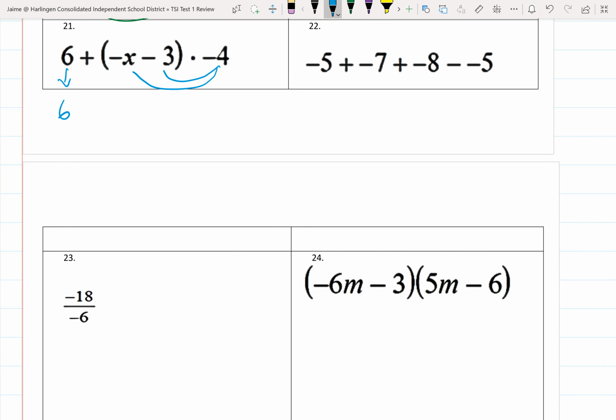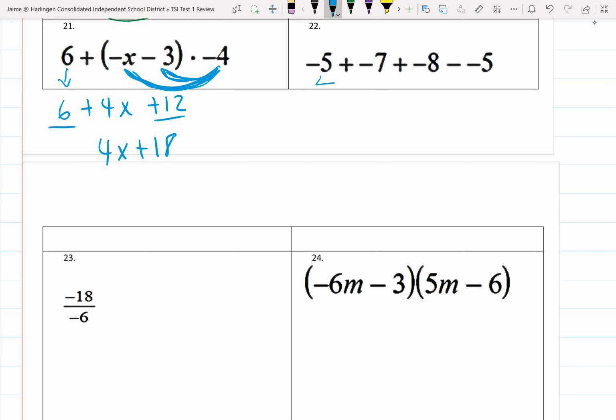So bring down the 6. So negative 4 times the negative x, that's positive 4x. And then negative 4 times the negative 3, that's positive 12. 6 and 12, that'll give us 18. So it's 4x plus 18. There's no equal sign, so just leave it alone.